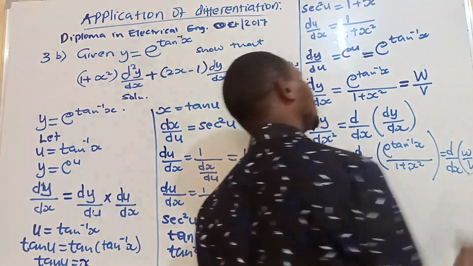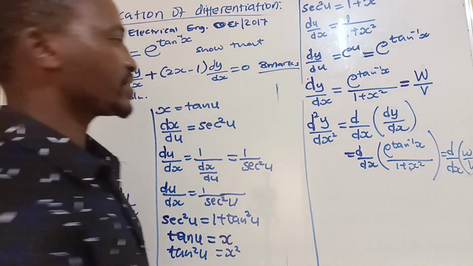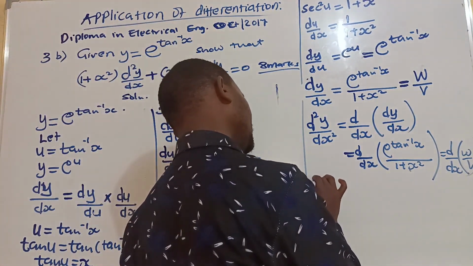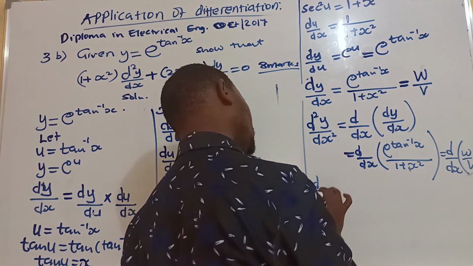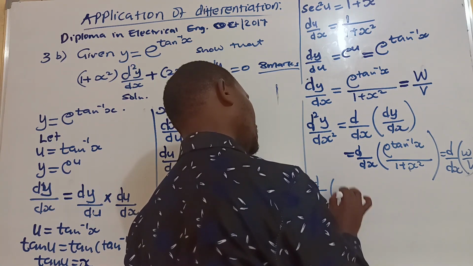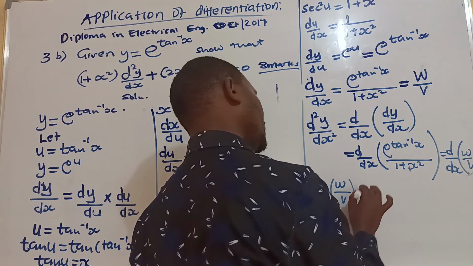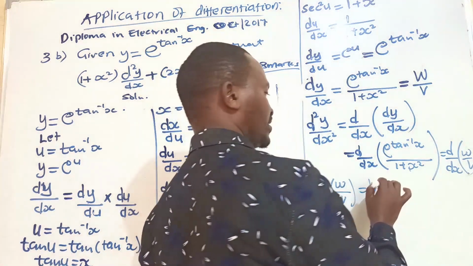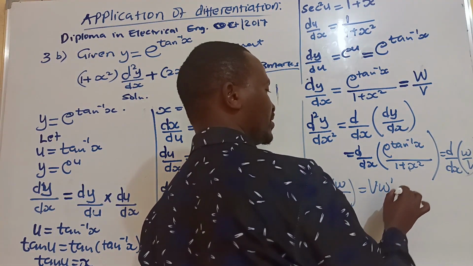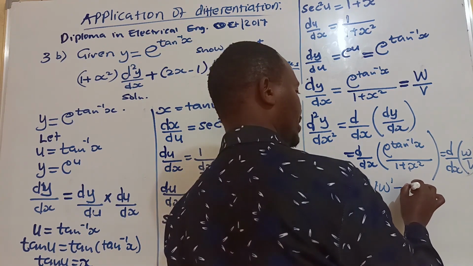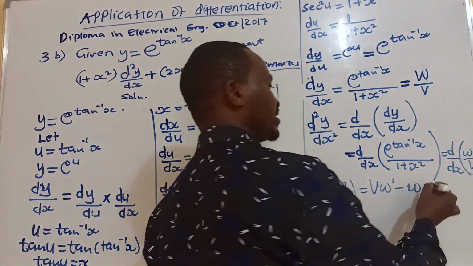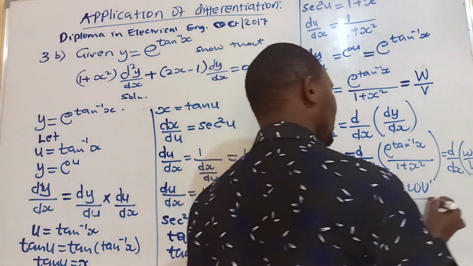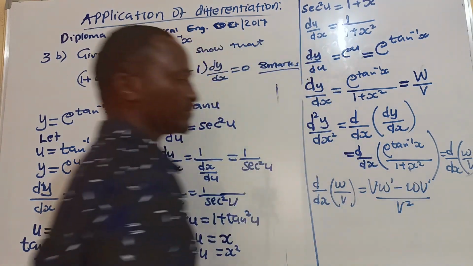What does the quotient rule tell us? Take V the way it is, differentiate W, minus, take W the way it is, differentiate V, all over V squared.